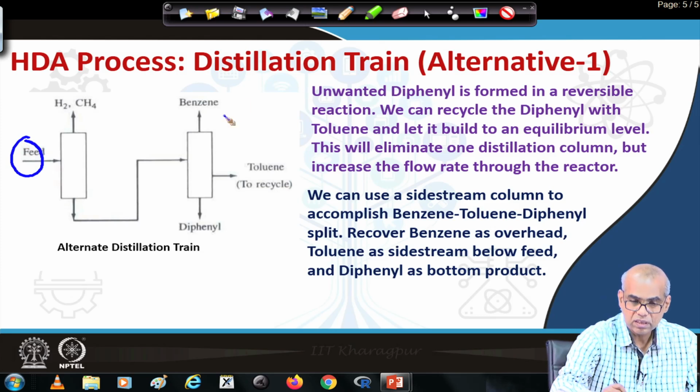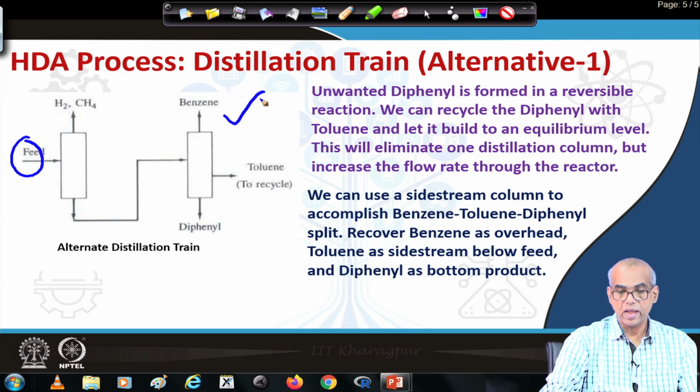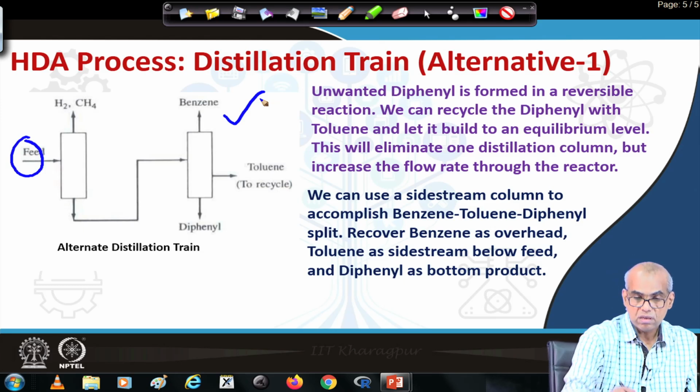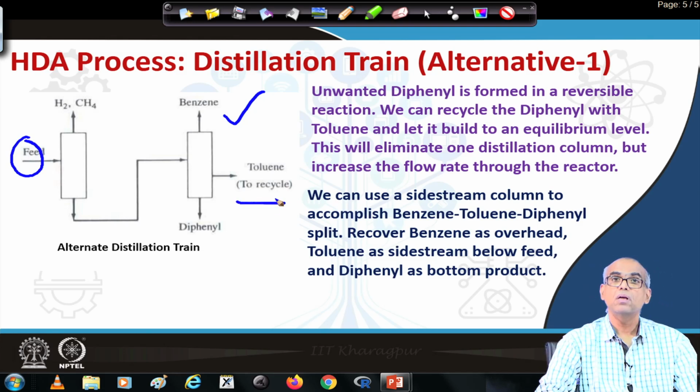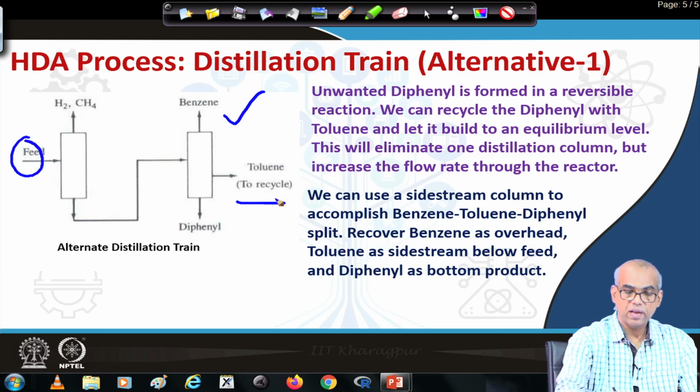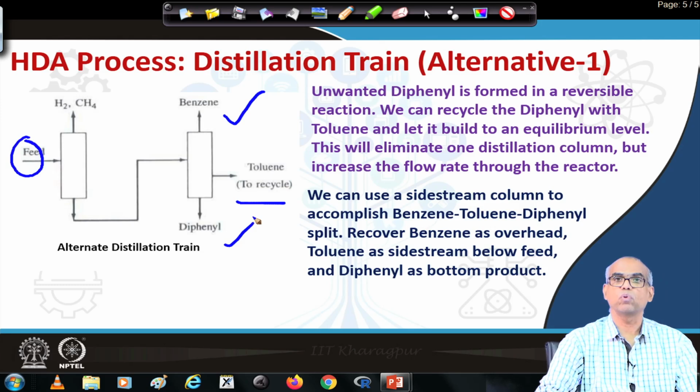Focus your attention here. We can use a side stream column to accomplish the benzene toluene diphenyl split. We can recover benzene as overhead and toluene as side stream below the feed tray and diphenyl as bottom product.